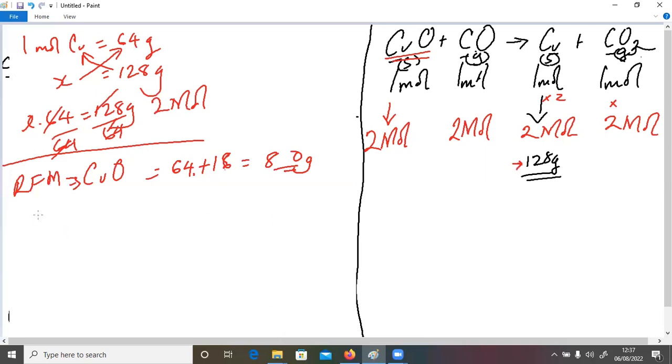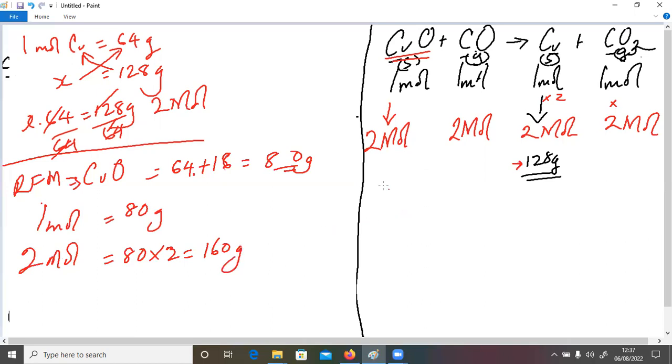So if 1 mole of copper oxide is equal to 80 grams, 2 moles of copper oxide will be 80 times 2, which is 160 grams. So I'll have used 160 grams of copper oxide. That's what I started with.